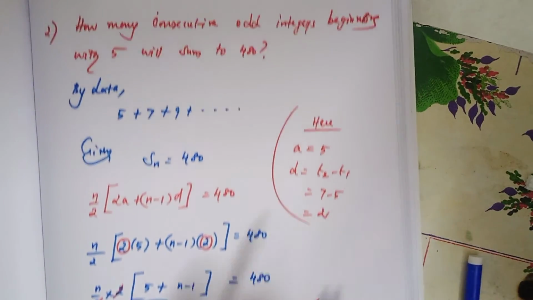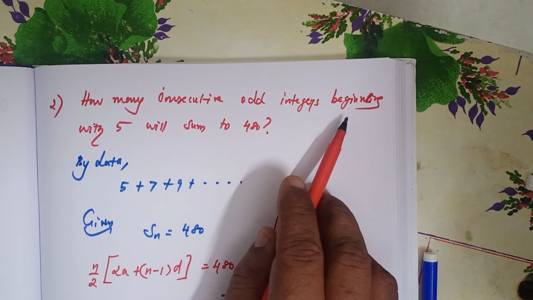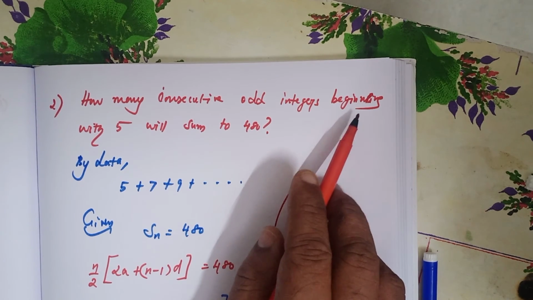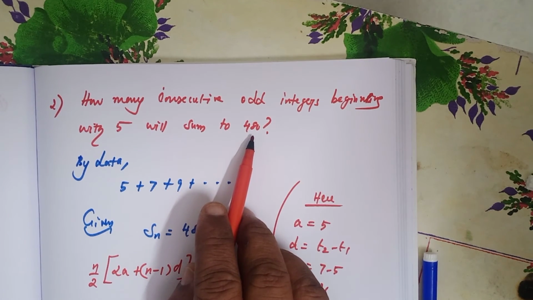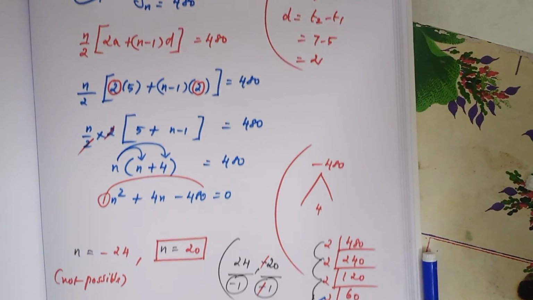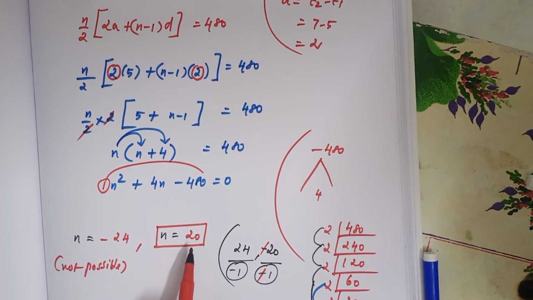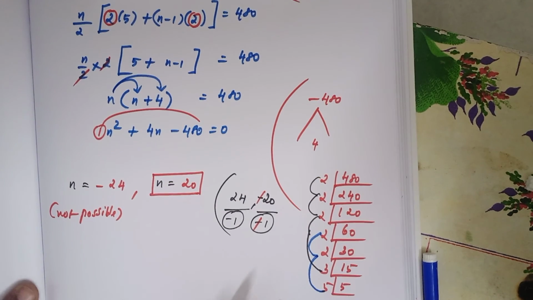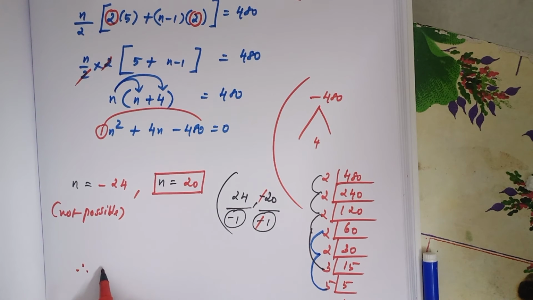So how to write the result? The question is how many consecutive odd integers are needed to get the sum 480. So 20 odd integers beginning with 5 are needed to get the sum 480. That is the answer.